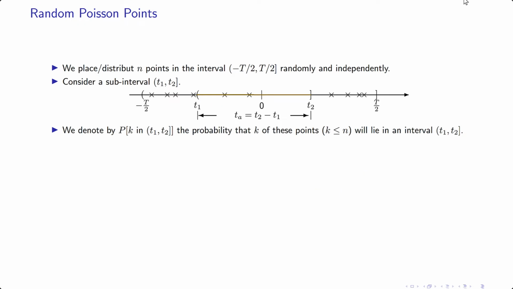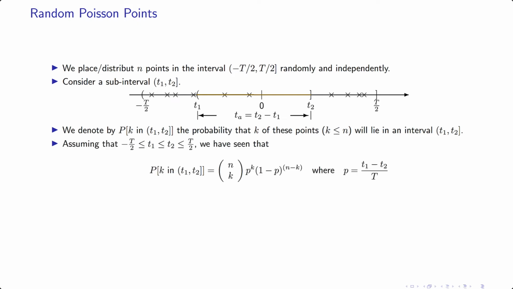Suppose that k is a non-negative number and is smaller than n, and we denote the probability that k out of n points fall in this interval. Obviously this is a Bernoulli experiment, because we assume every point is independent of the other points.